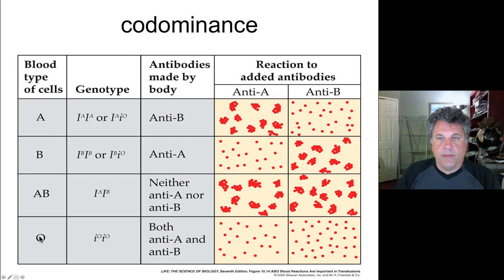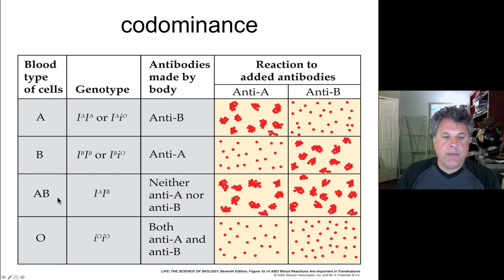ABO blood group. So if you're blood type A, then you have a genotype that is homozygous for the A allele or heterozygous for the A allele and the O allele. And if you are blood type B, then you are homozygous for the allele B for this blood group gene, or you are heterozygous for the B allele and the O allele.